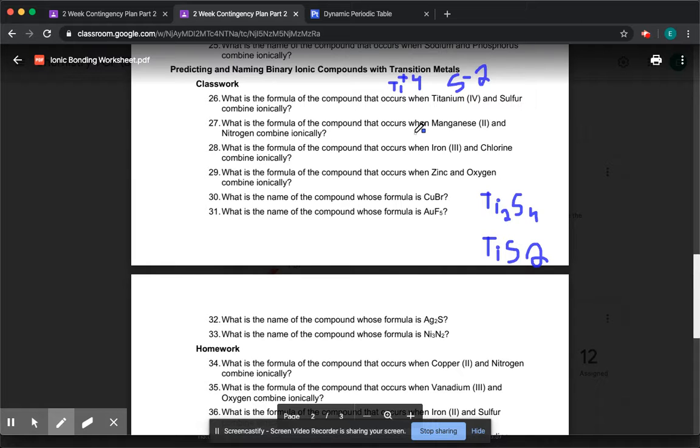So we're still in the positive region, so we need to add another sulfur. If we add another sulfur, then you have +4 -2 -2. That equals 0. They cancel out. You have 1 titanium and you have 2 sulfurs, and that'll also give you TiS2. And that's 26. Let's do one more of those, and then let's go to a naming one.